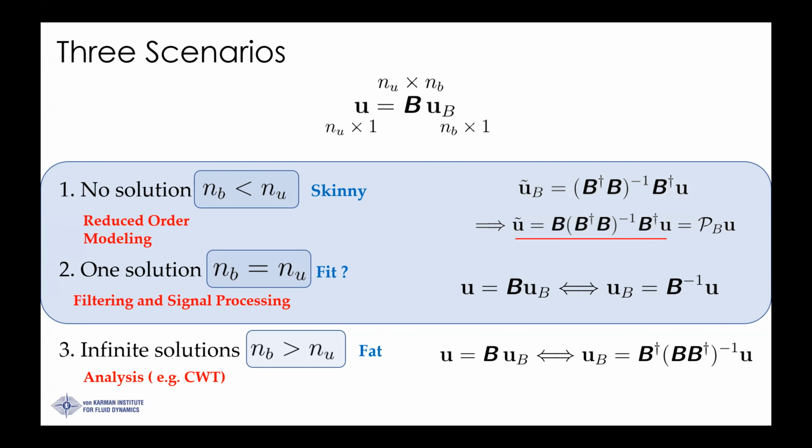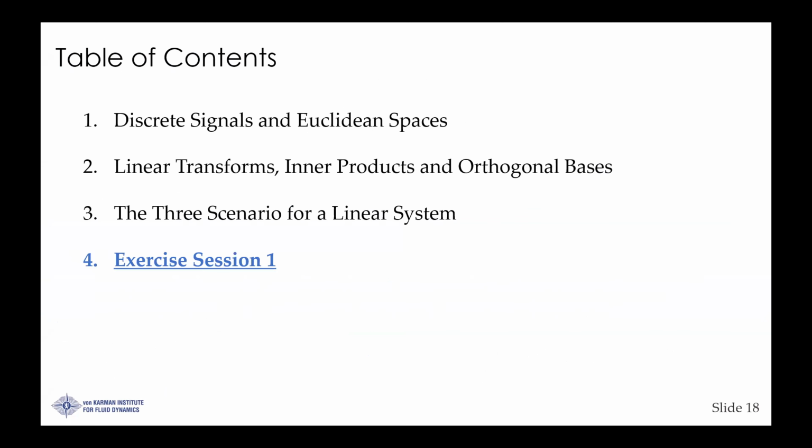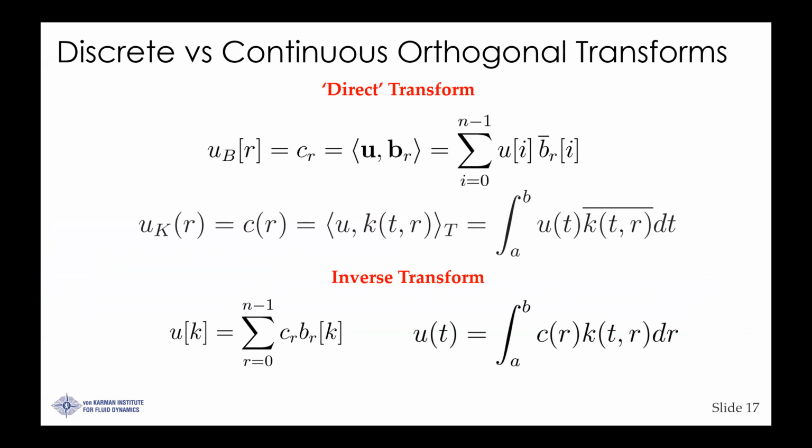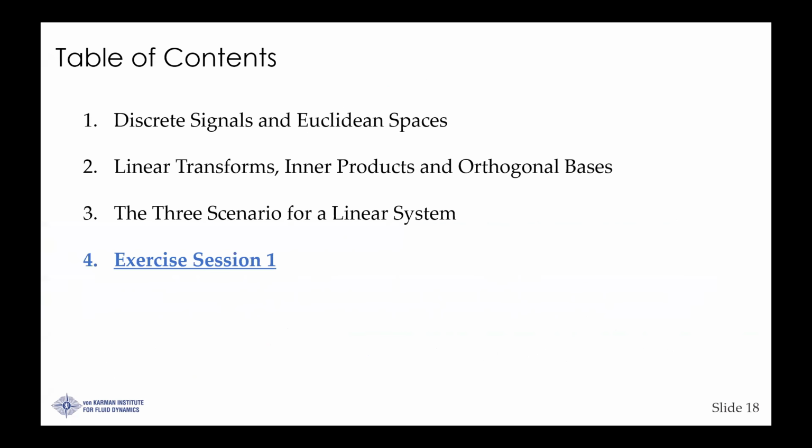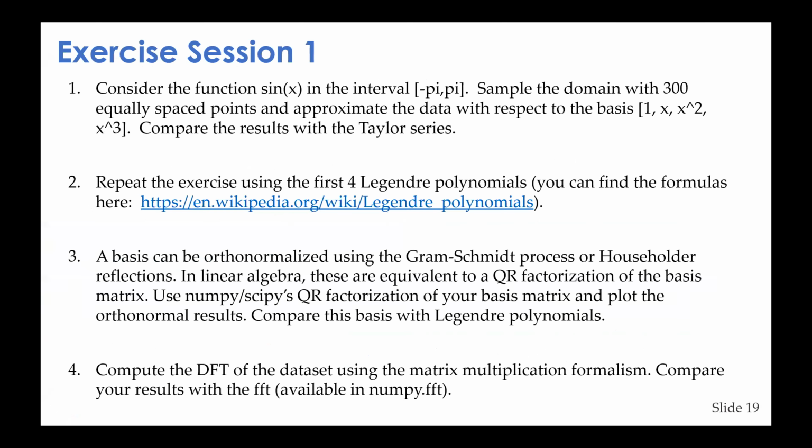So I will give you the exercise. I mean, you look at what kind of exercise I have in mind. It's very simple, just to get your hands onto the Python, and then we have a little break. So the exercise is very simple. Here I was just making a connection with the continuous wavelet, but we will see it. I prefer looking at that directly from the exercises.